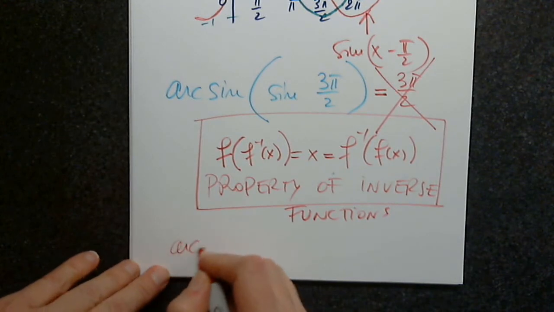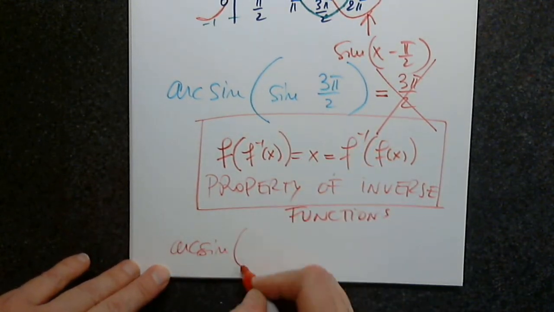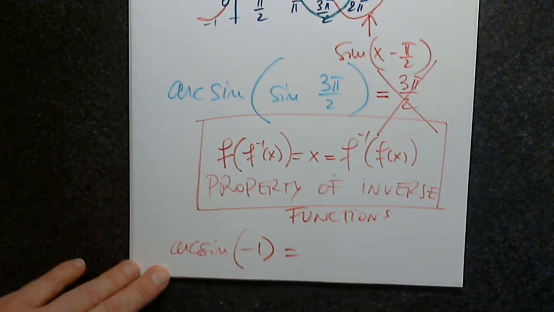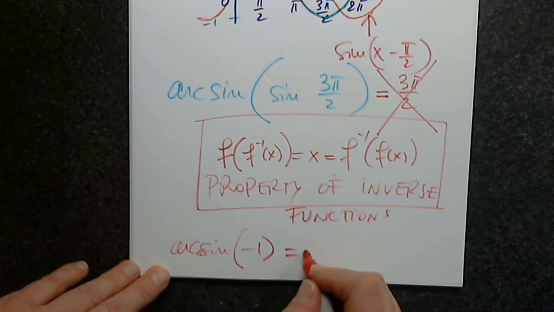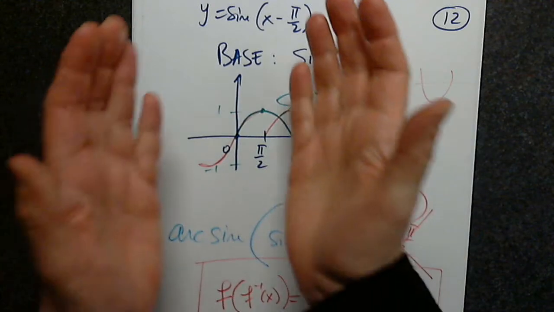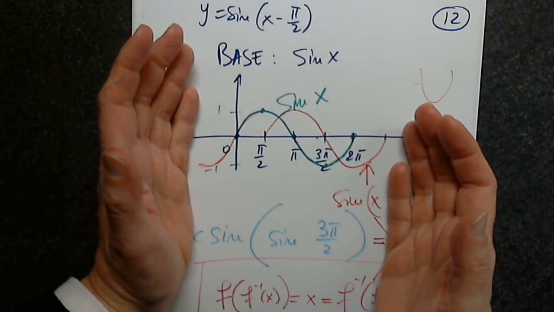So arcsine. How much is sine of 3 pi over 2? And now the answer has to be between negative pi over 2 and pi over 2, and the answer is negative pi over 2. Now, you understand how important this is, because this is false, in a way.